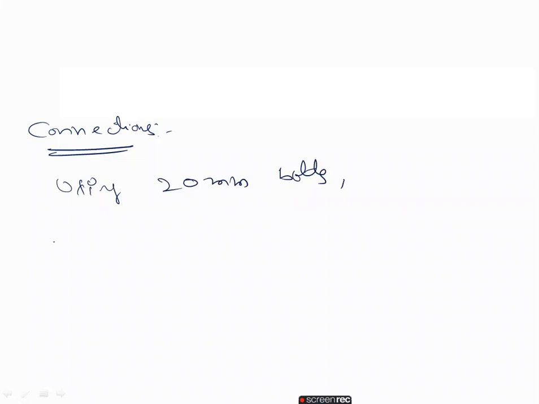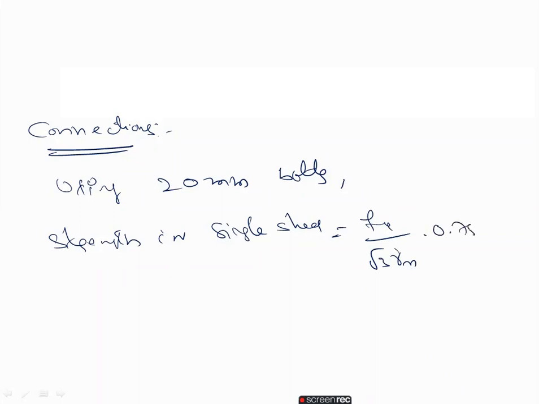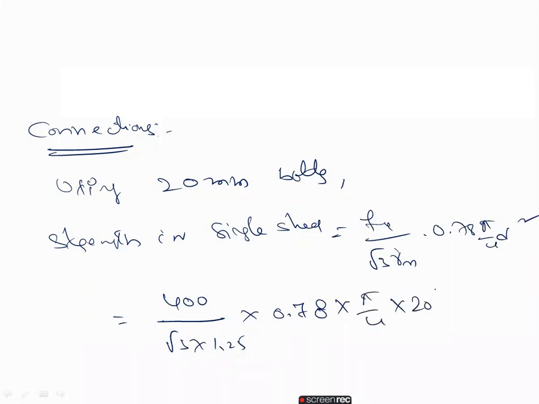First, the strength in single shear is equal to, as we know already, Fu by root 3 gamma m into 0.78 pi by 4 d square. In this formula, Fu is 400, root 3 into 1.25 is the factor of safety, multiplied by 0.78, pi by 4 into d, which is 20 square, the diameter of the bolt. So you will get the answer 45,272 newtons. This is the strength in single shear. Now, strength in bearing.